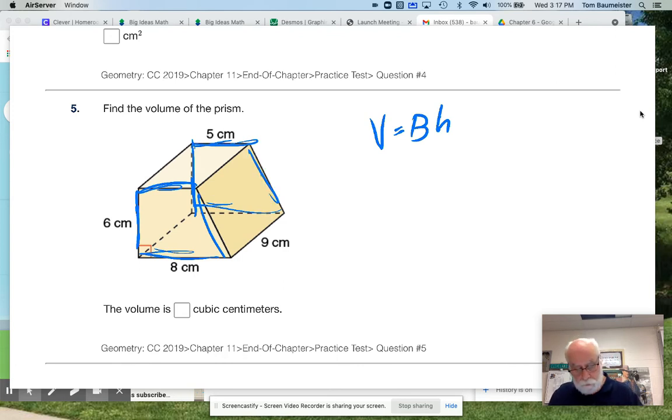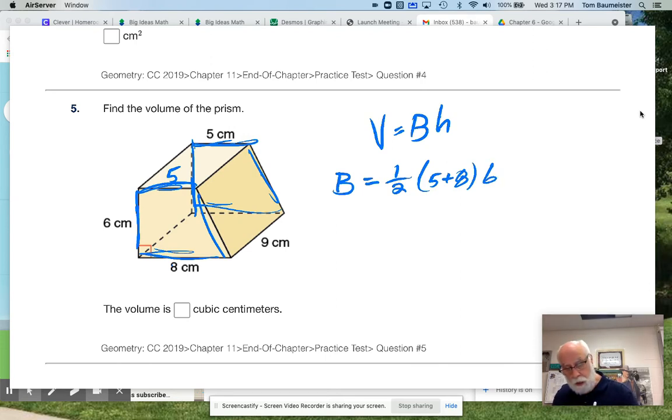All right? So remember, for the area of a trapezoid, so we're going to find the area of that base. Remember, it's 1/2 the sum of the two bases. So again, this is going to be 5 here. So it's going to be 5 plus 8. And then remember, on this, our height is 6.